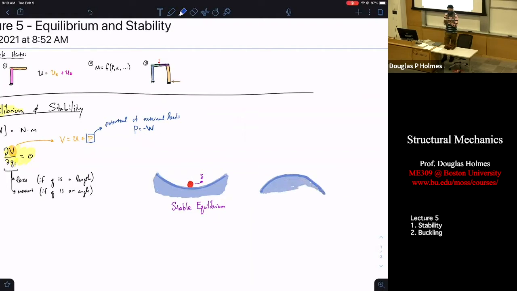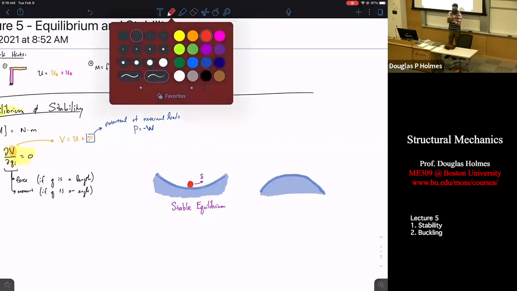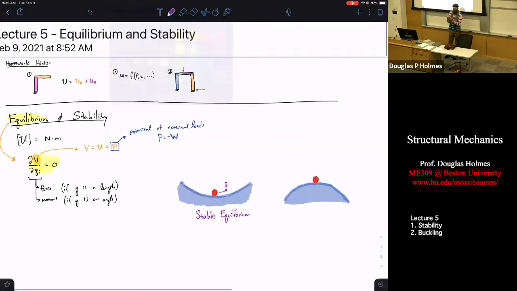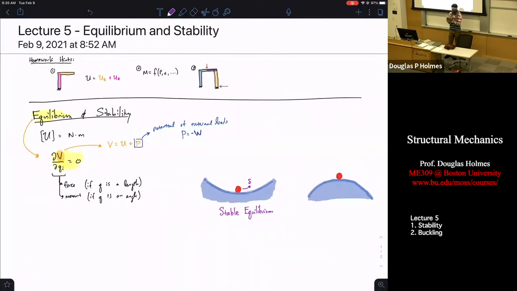And here, these are the types of equilibriums that we don't talk a ton about. If I put my ball on top of this hill, and I poke it, it's pretty clear what's going to happen. That ball is in equilibrium.